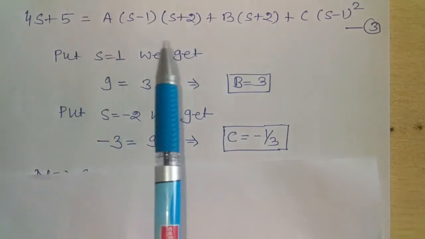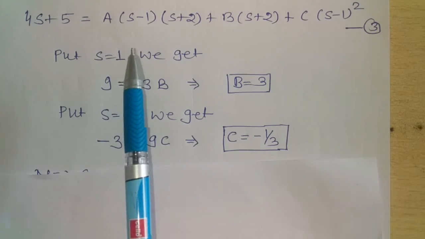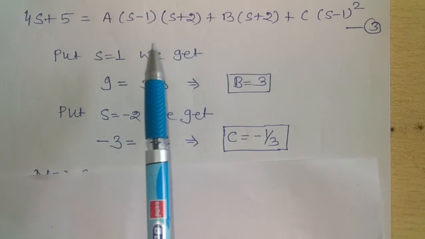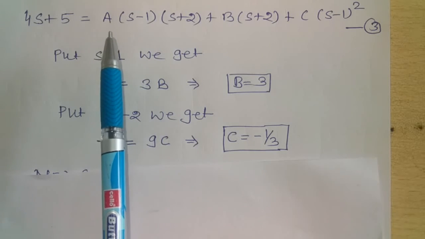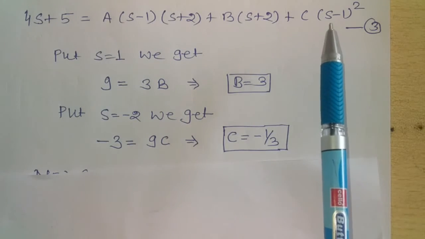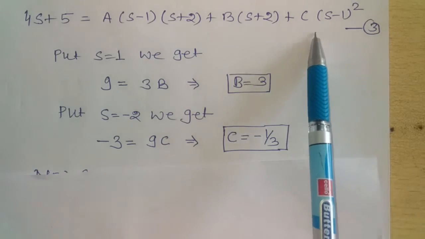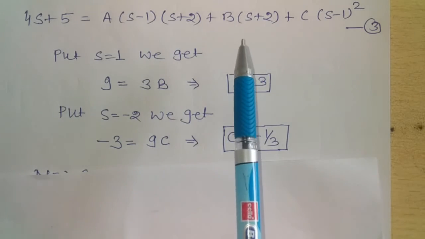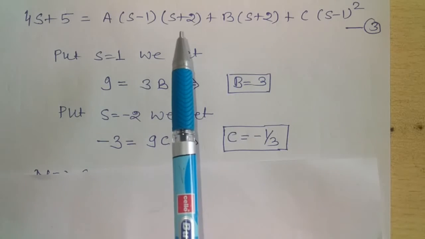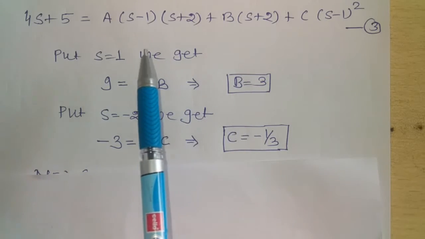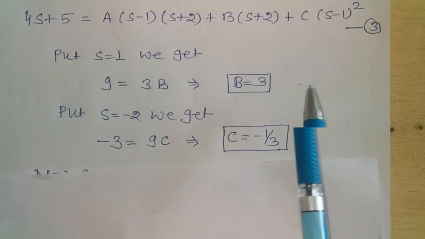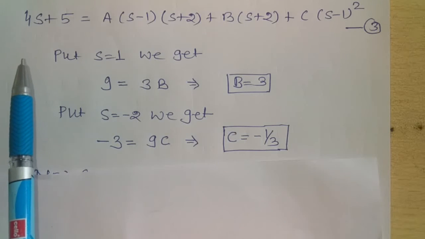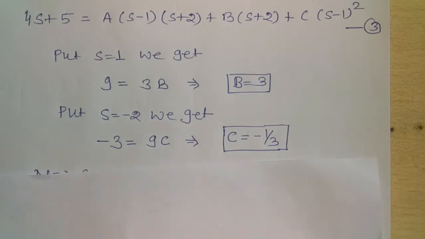So here we have s square into a, so the coefficient is a, and further from this term we have c s square. So the coefficient of s square on the right hand side is a plus c, and on the left hand side there is no s square, so the coefficient of s square on the left hand side is 0.